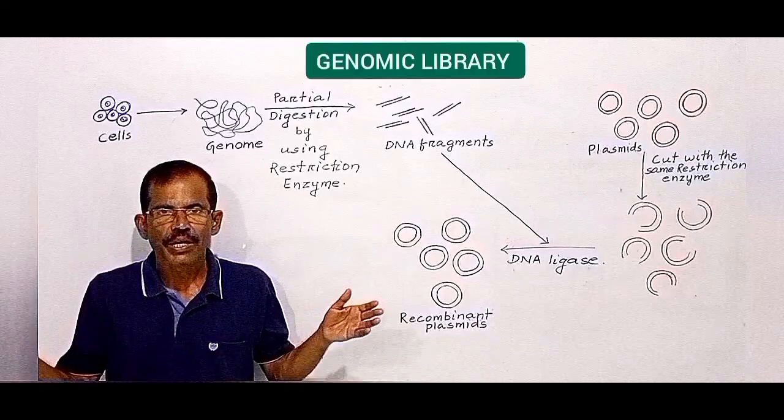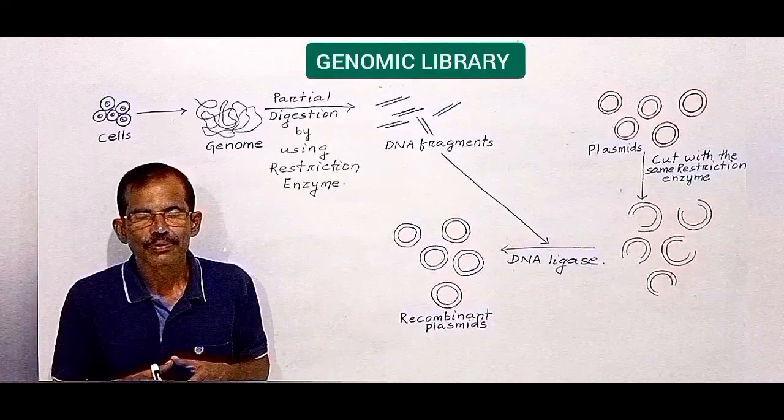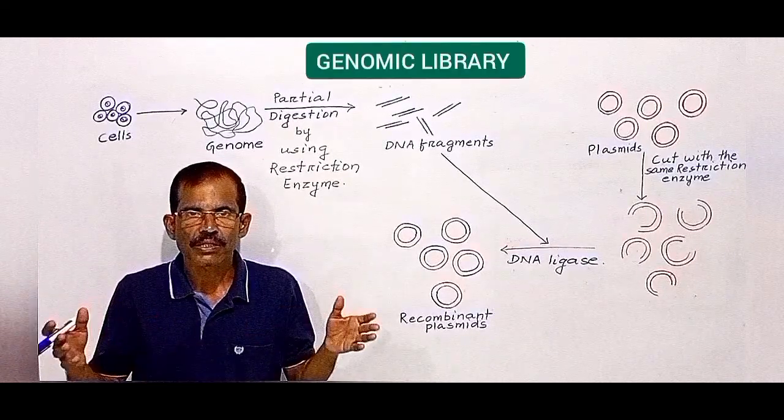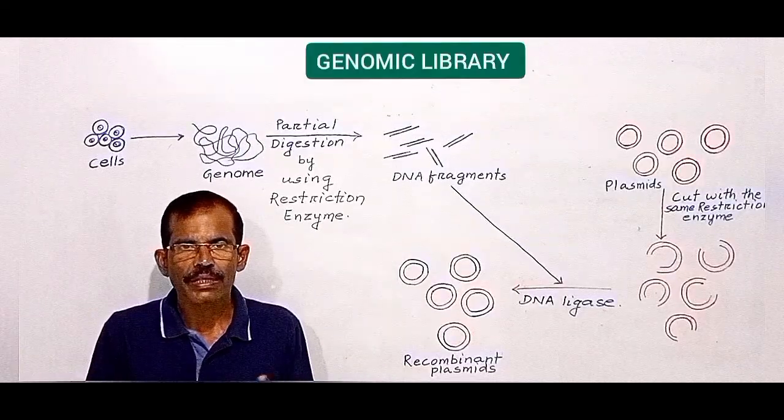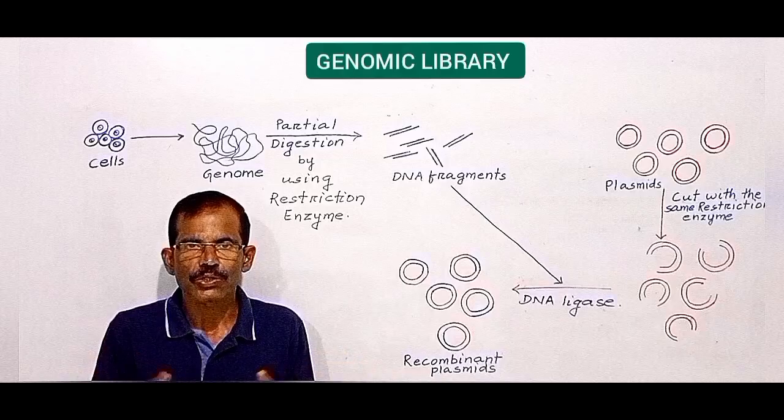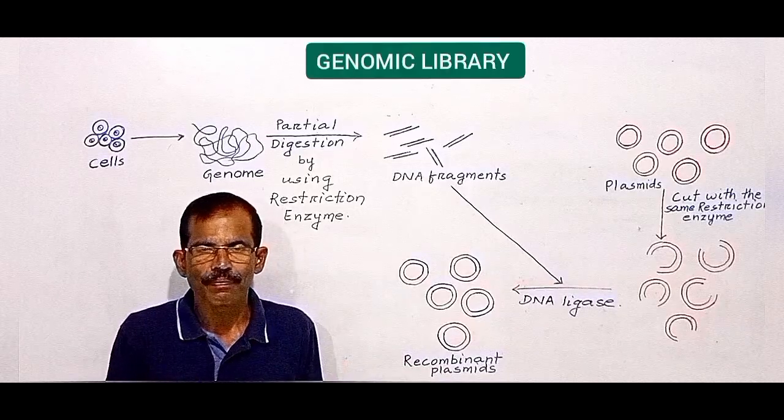Genome size varies among organisms, so cloning vectors must be selected accordingly. Different cloning vectors are available for the construction of genomic library.